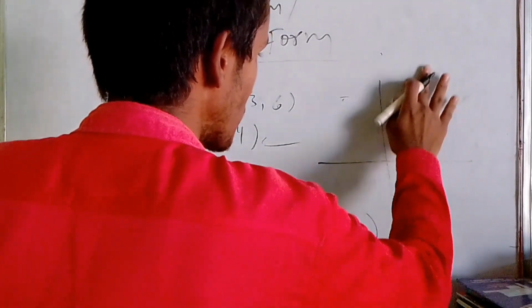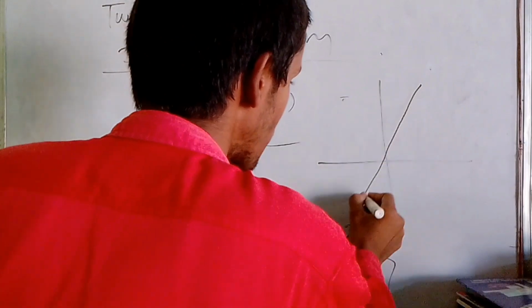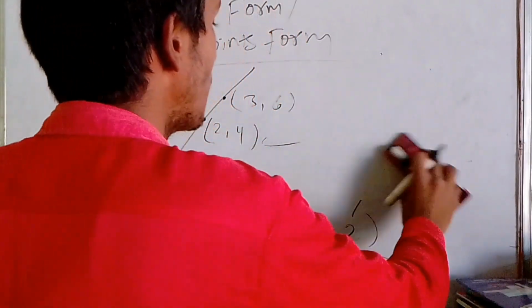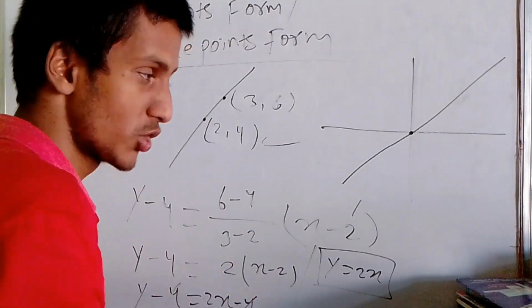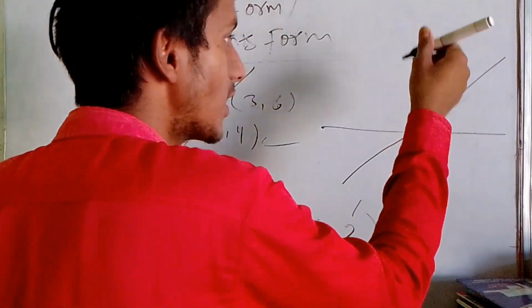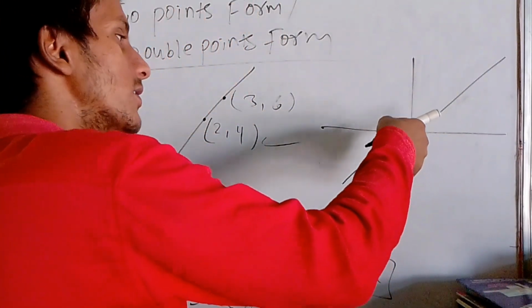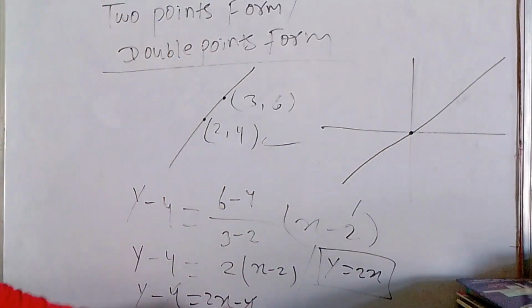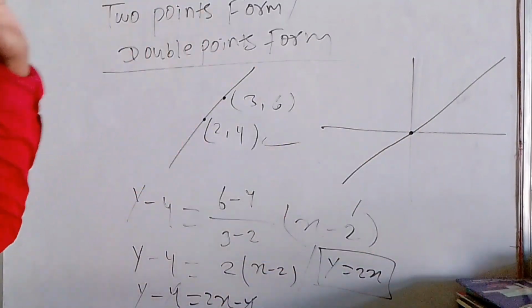This kind of line actually passes through the origin. Actually, let's draw it, and this passes through the origin. Then the y value should be twice the x value. If it doesn't look that way, then I'm just thinking that we need to put extra inclination. But there are no scales here, so it can't be perfect.